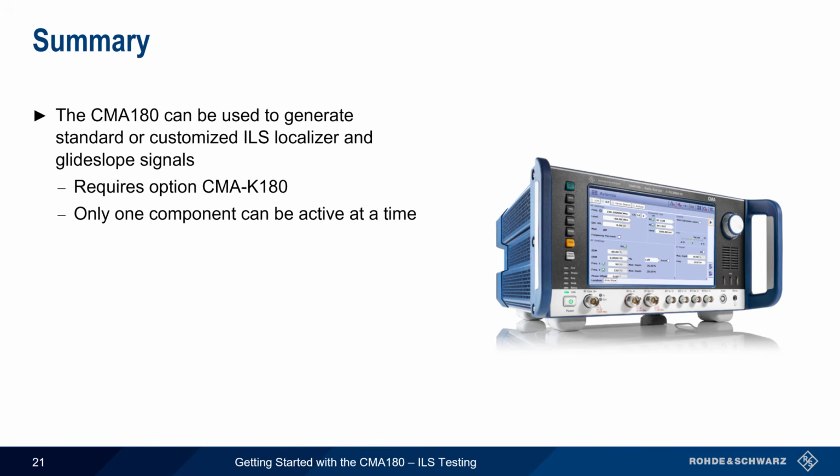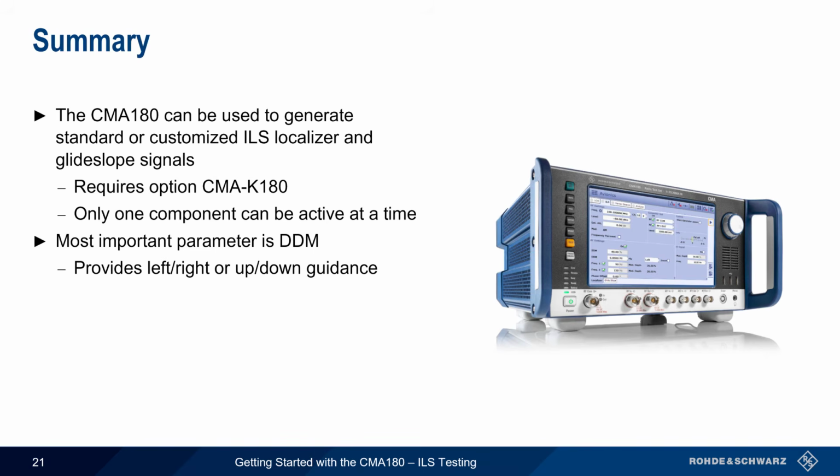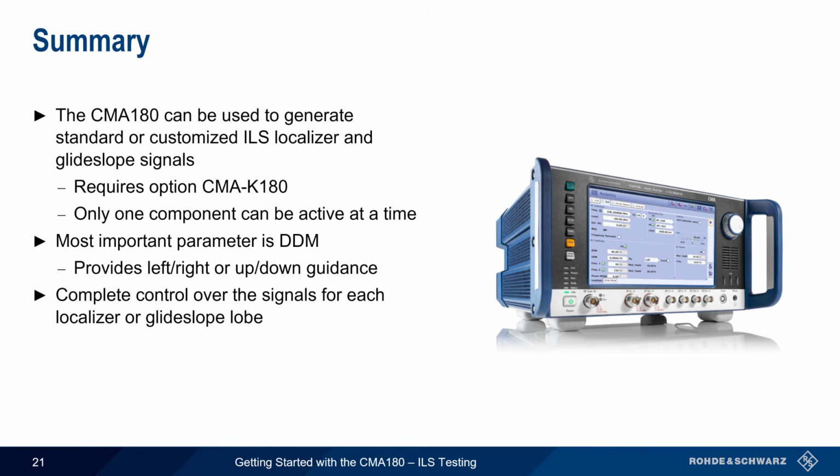The most important parameter in both cases is the difference in depth of modulation, or DDM, which provides left-right or up-down guidance. The CMA180 does, however, offer complete control over all parameters for each lobe in localizer and glide slope signals. And finally, a localizer COM-ID signal can also be configured.